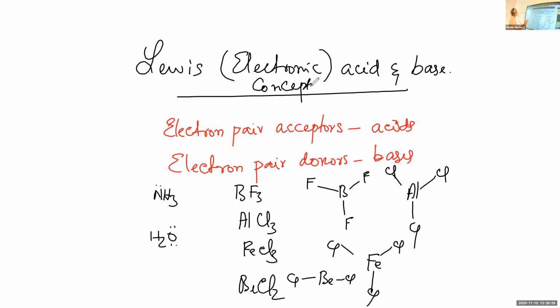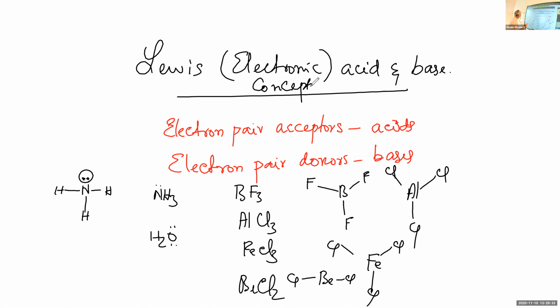In the structure of ammonia, NH3, on the nitrogen atom, there will be a pair of non-bonding electrons, and that can be given to the electron deficient molecule. So by definition, NH3 can donate a pair of electrons, and therefore NH3 is a Lewis base.